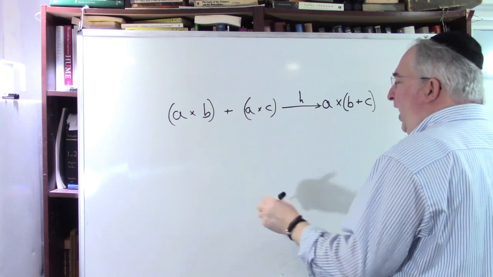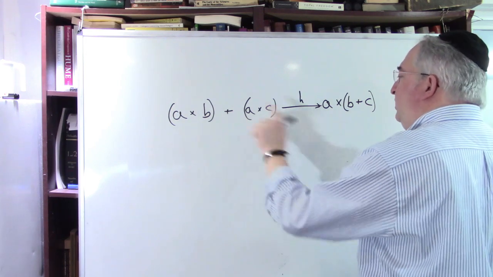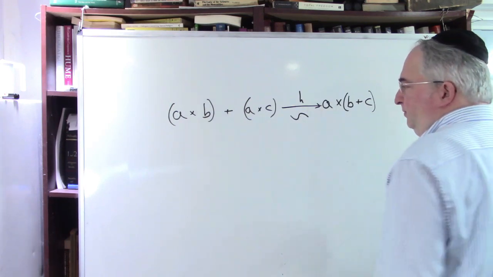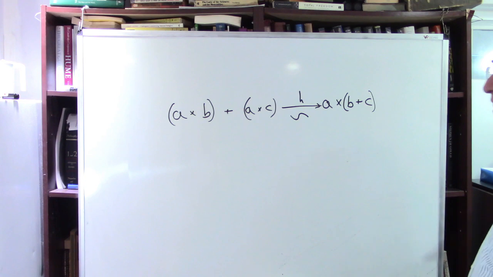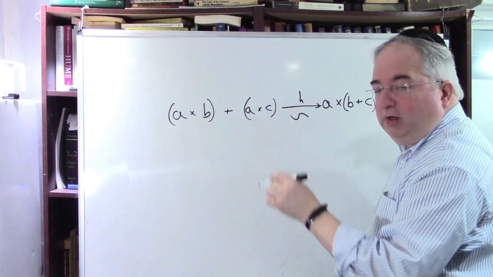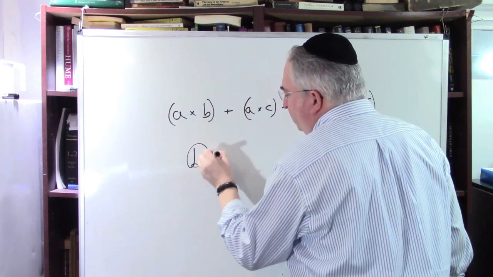Now, in certain categories, this morphism is not only just a morphism, but an isomorphism. Sometimes it is. When it's an isomorphism and it satisfies some other requirement, then the category is called, you ready? A distributive category.